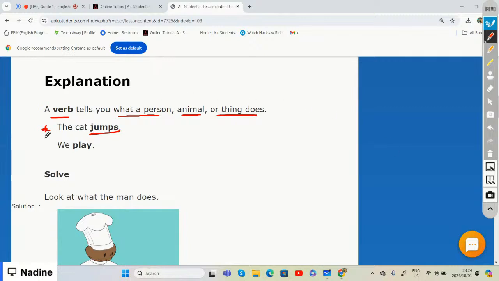And the next sentence is we play. So what is the action verb within that sentence? We need to identify the action verb within that sentence.